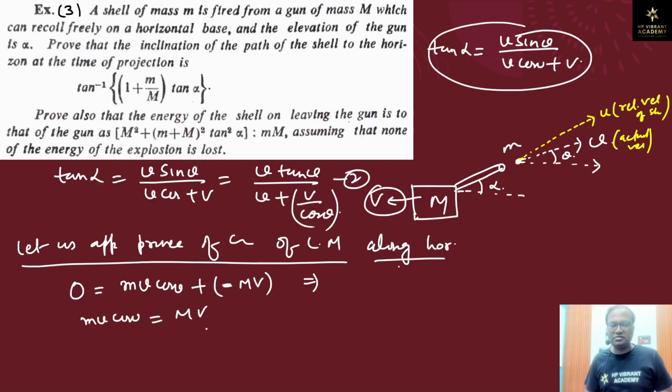So we have capital V upon cos theta is equal to small m into small v upon capital M. Let us place this here.